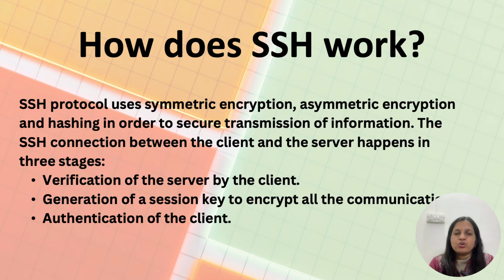This key is used to encrypt the whole conversation, the whole session. So along with the session key, the random number is combined and the MD5 hash is calculated. That is the MD5 hash of the value, the session key and the random number combined. The MD5 hash is sent back from the client to the server.